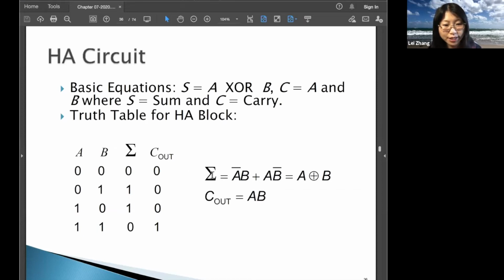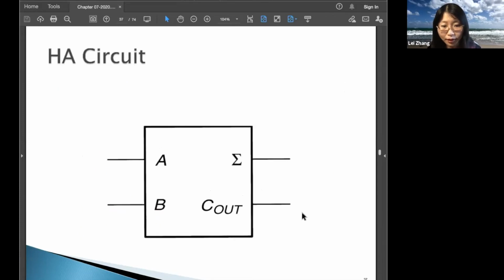The equation is the sum bit equals A XOR B, and the carry bit equals A AND B. So this is the truth table and Boolean expression. And for the hardware circuit symbol for the half adder, we can see we have 2 bits in and 2 bits out.